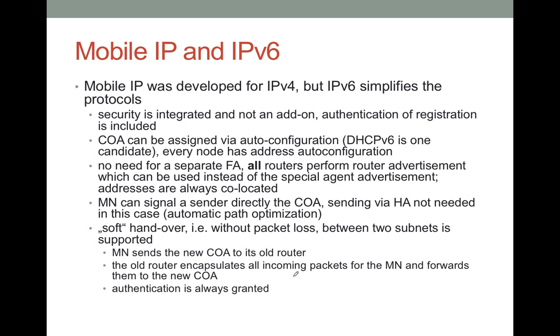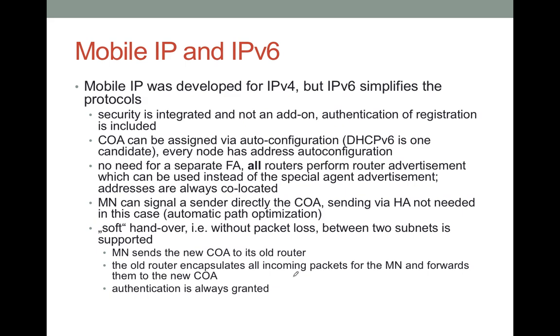As for mobile IP and IPv6, mobile IP was developed for version 4, which is 32 bits, and IP version 6 is about 128 bits. IP version 6 simplifies the protocol, meaning that when you talk about mobile IP, that is for IP version 4.